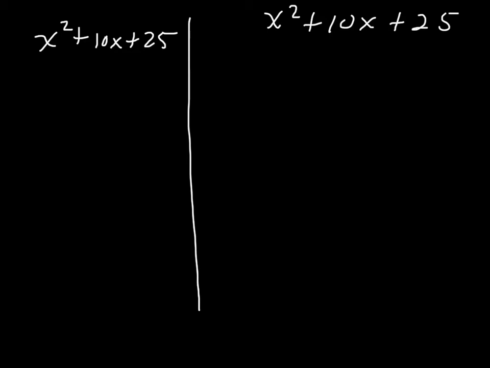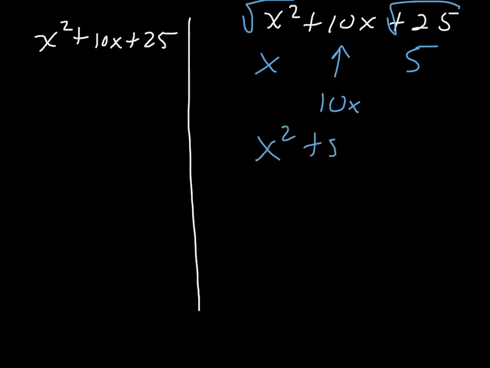All right, so here we go. We got another one. First thing I want to do is I want to take the square root of the first term, which is x, square root of the last term, which is 5, and then I double this. So if I double that, that gives me 10x, which is what I wanted. Therefore, the factors of this are going to be x squared plus 5x.